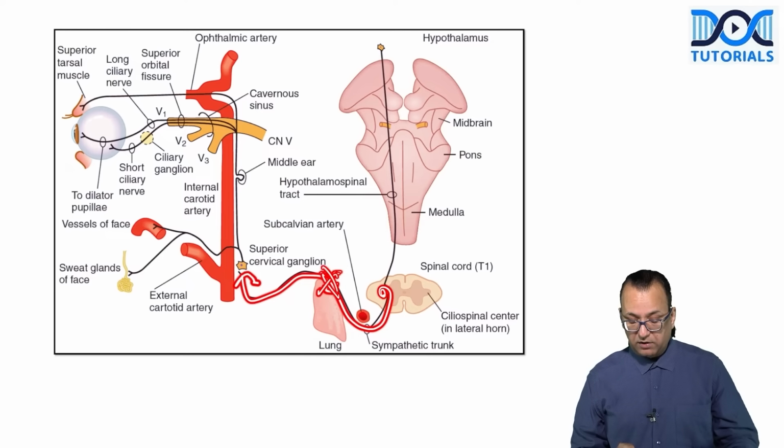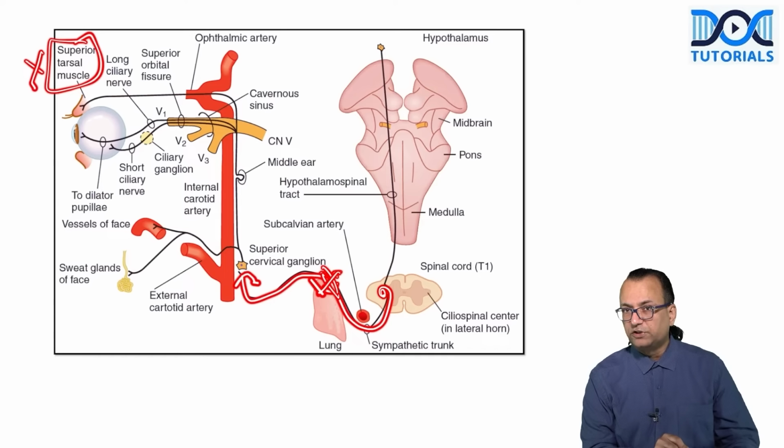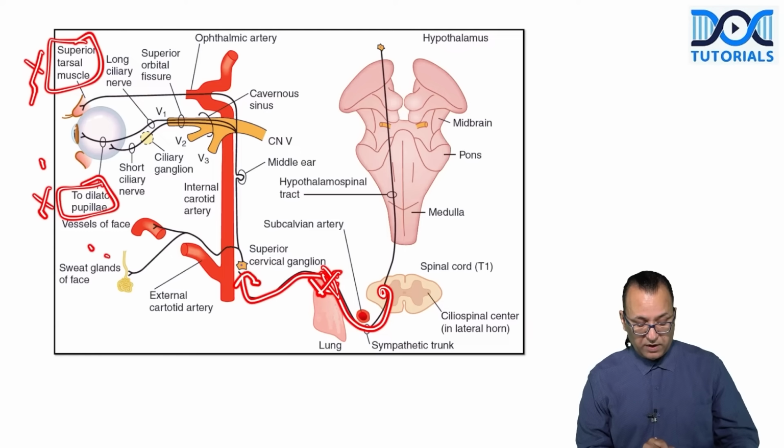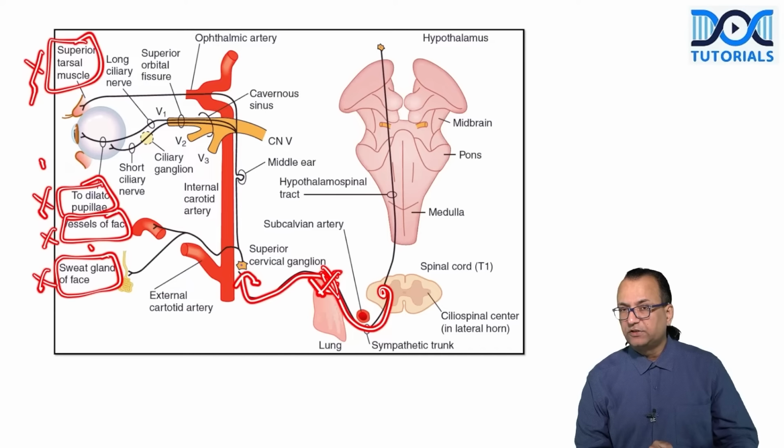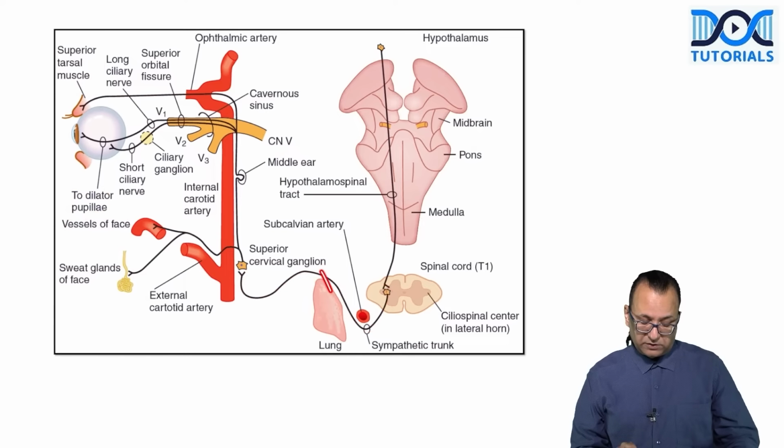So again, 3 plus problems. Problem number 1, the superior tarsal muscle is not working, partial ptosis. Problem number 2, the dilator pupillae is not working, so there will be miosis. Problem number 3, there is no sweating. Problem number 4 will be the red face: redness, conjunctival congestion, nasal congestion, facial skin congestion. So that was the second order neuron.